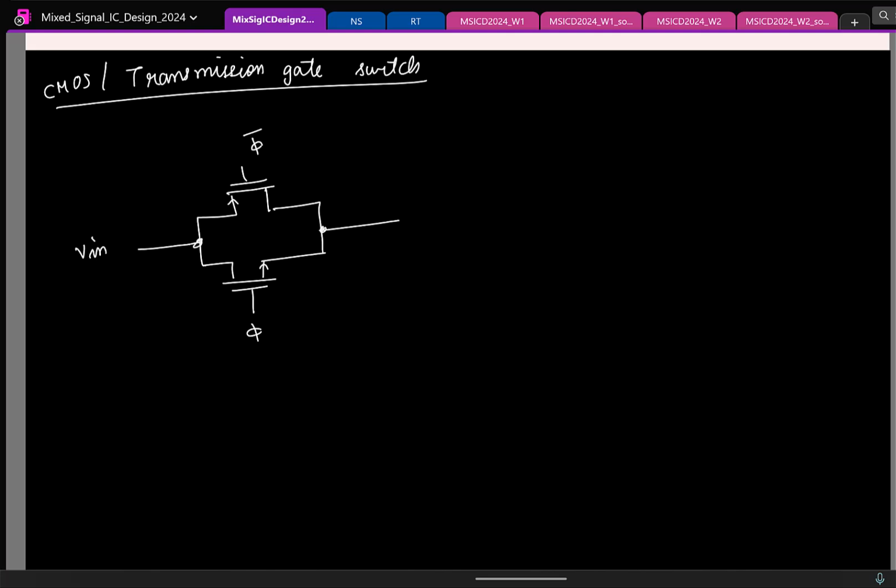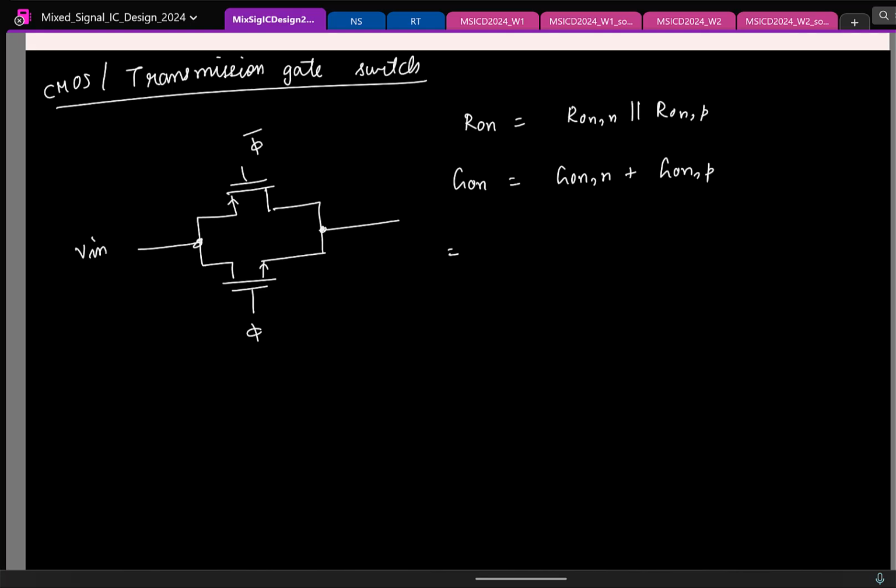Let's try to see what is the on resistance for this guy. So I have two of them in parallel. So the effective on resistance is the parallel combination of these two, right? So again, if I find the on conductance, it is the sum of the two. Okay.